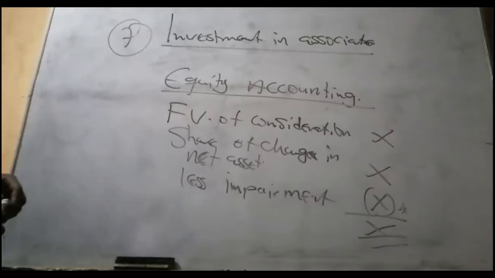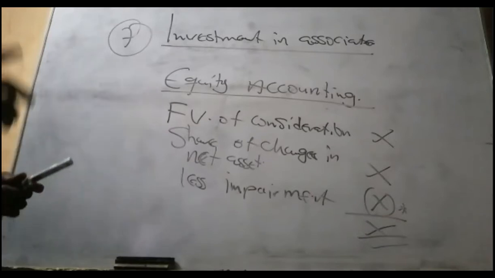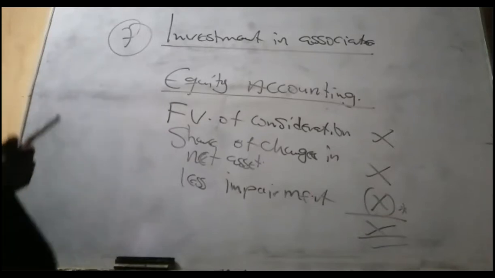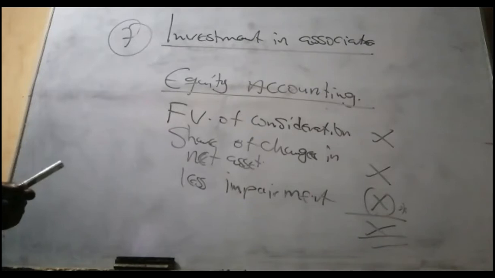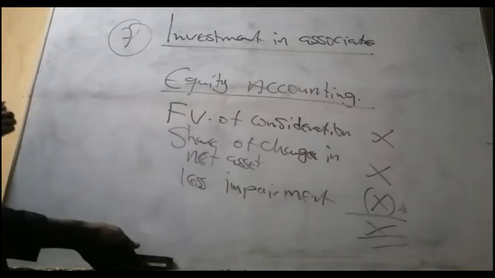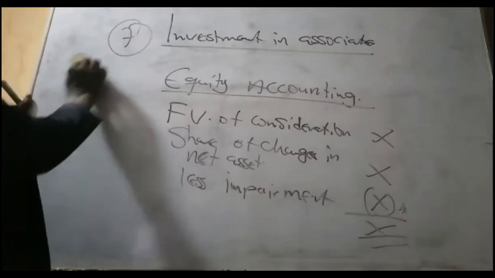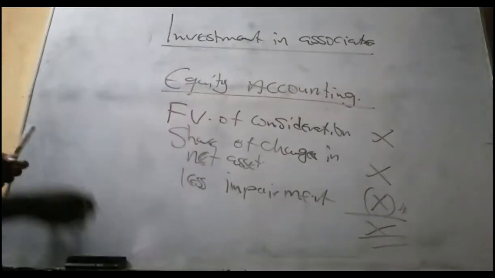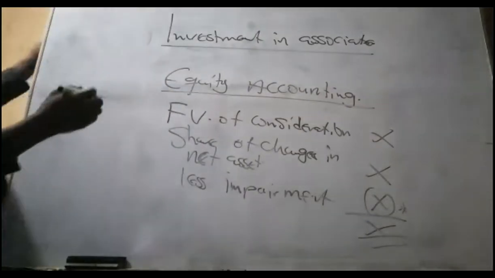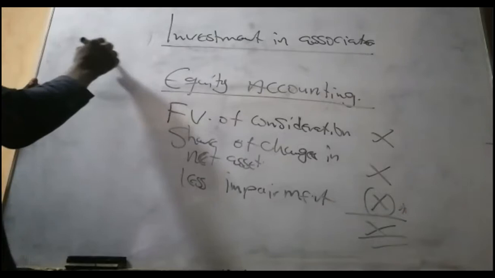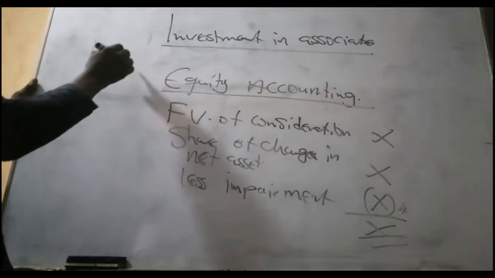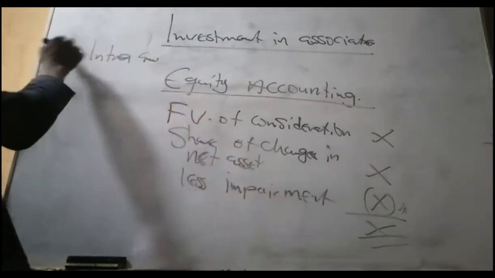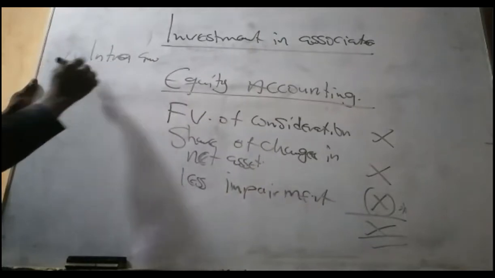Now what is left are two items. The next item we have to do is the treatment of intra-group adjustments. That one comes in the footnote. There are a lot of them.